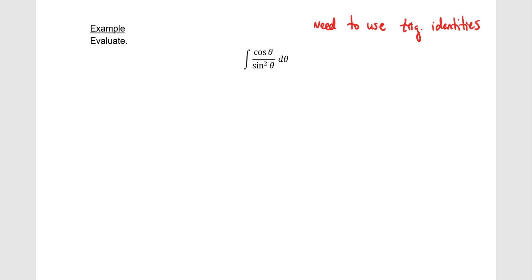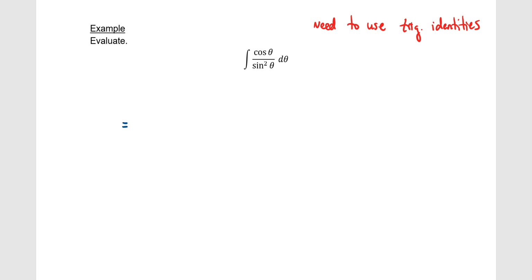Something that we cannot do is say that this is equal to the integral of cosine divided by the integral of sine squared. That is not true, so make sure you are not doing that with the integral symbol. Same thing for the same reasons why we couldn't do that when we were differentiating.